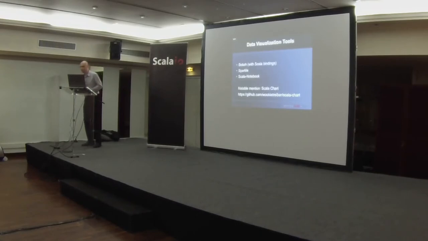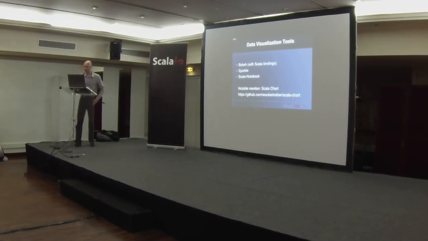Okay, so this is more of a personal choice because what I have found out is that there are many Scala tools. So I have settled only for 3 of them. These tools are Bokeh. I hope I pronounce it correctly. It's a Japanese term apparently.